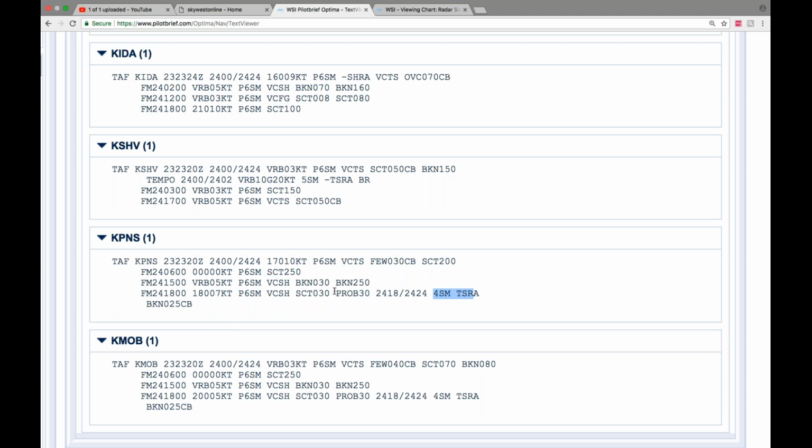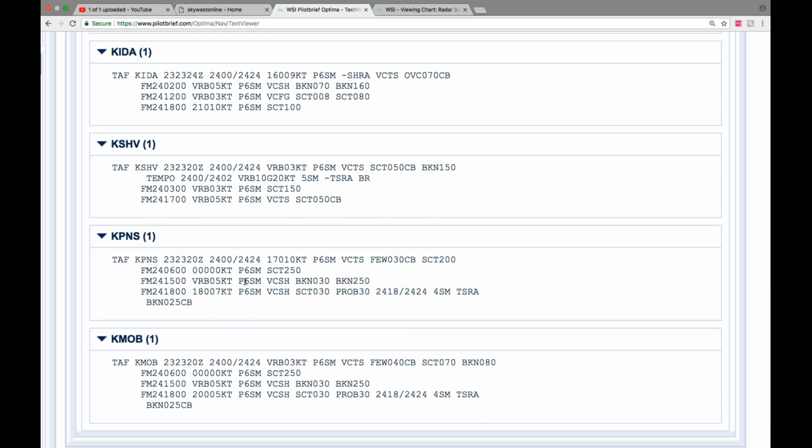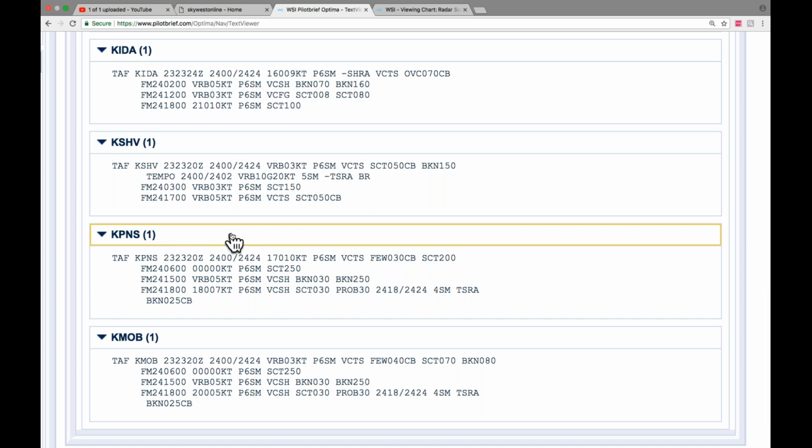We may see these thunderstorms pop up, the TSRA. We're going to probably associate that with a cumulonimbus cloud. There are two other types of clouds that we'll see on a weather forecast. That would be a towering cumulus, and then the other one would be an altocumulus standing lenticular, so ACSL.